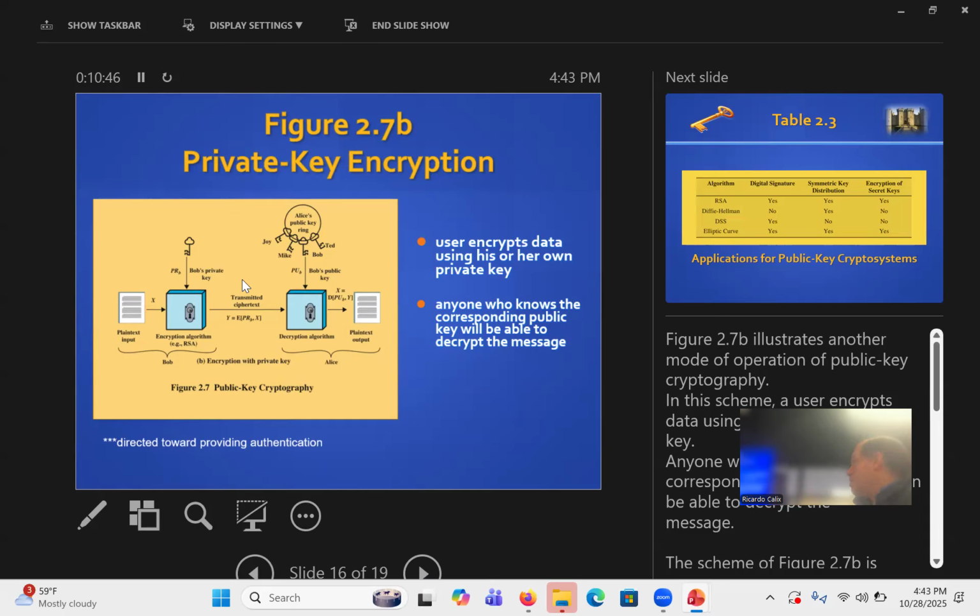Alice has the decryption algorithm, and she is going to have Bob's public key, the corresponding one, so she can decrypt the message, and this achieves authentication, essentially. So anyone who knows the corresponding public key will be able to decrypt the message. So essentially everyone, because it's a public key.